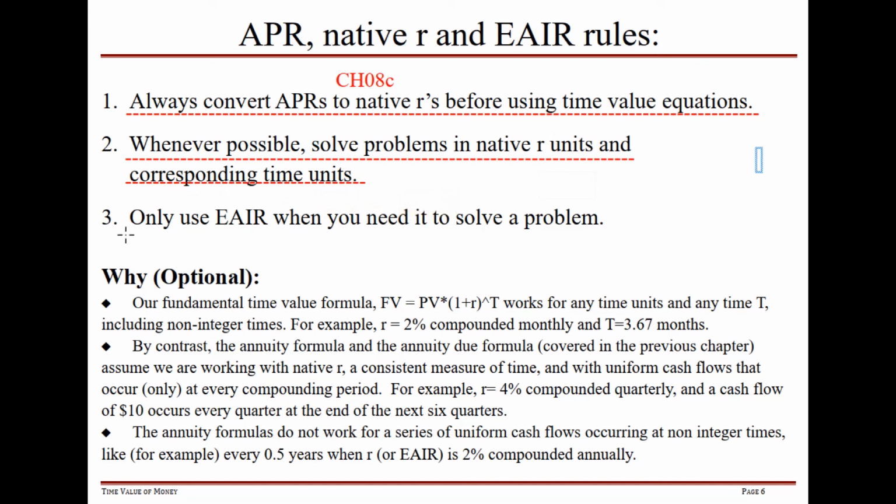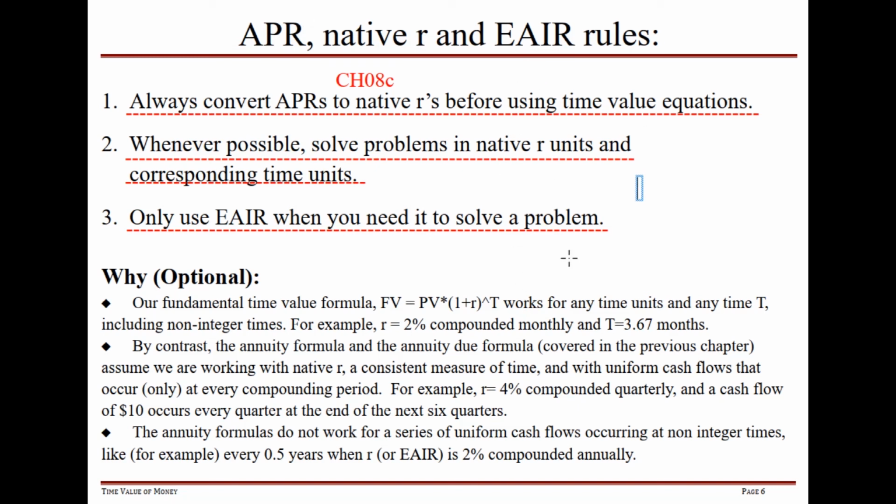And then third rule is use EAIR only when you need it to solve a problem. So I might give you an EAIR and ask you to find the R. I might give you an APR and ask you to find the EAIR. So in that case, you'll have to go from APR to R to EAIR, that sort of thing.